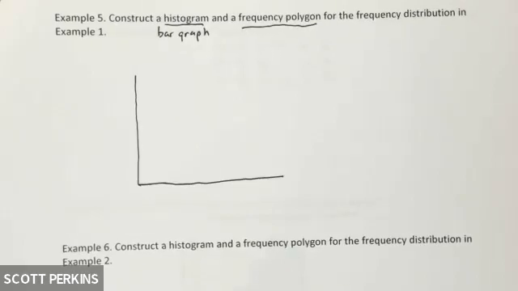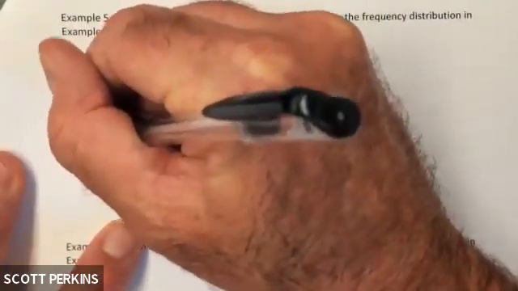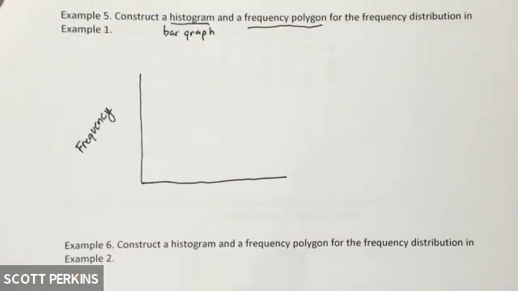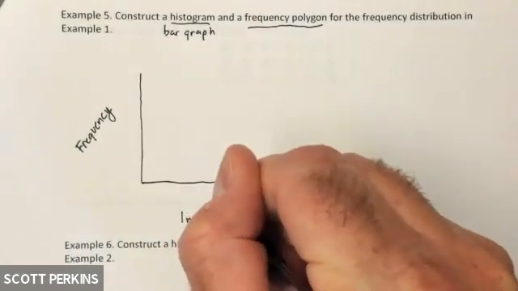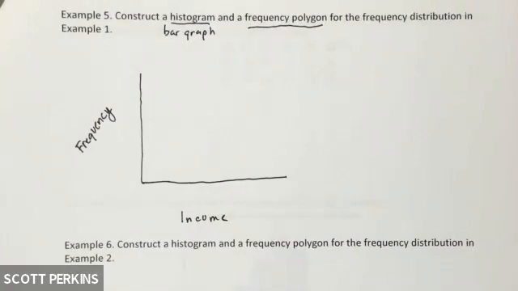So on your histogram, the Y-axis is always going to be the frequency. And in this case, the X-axis is going to be income. Whatever you're measuring becomes the X-axis. Are you with me so far?